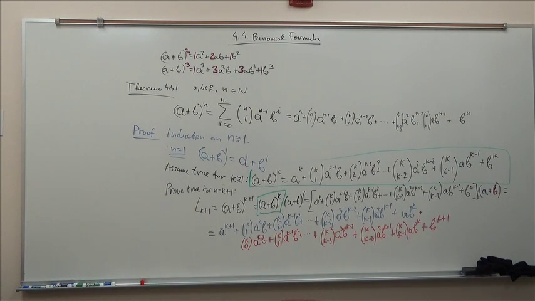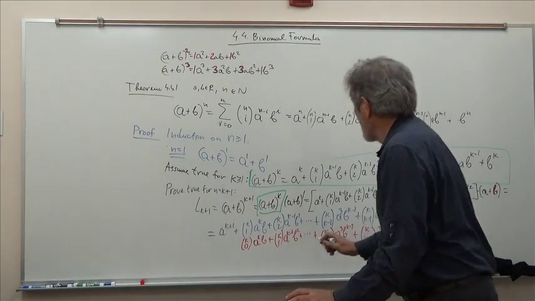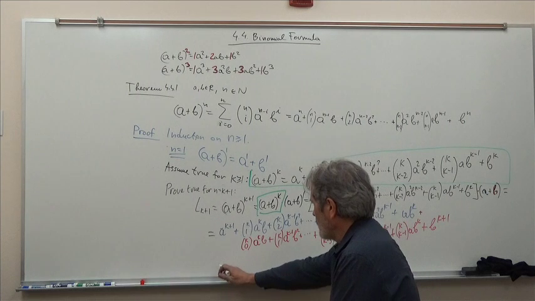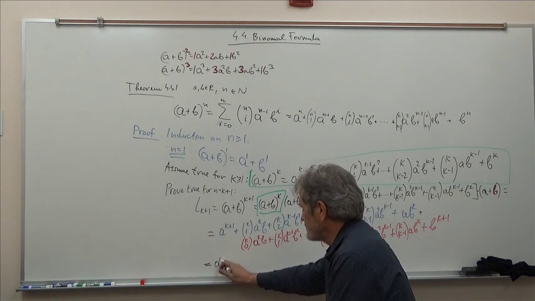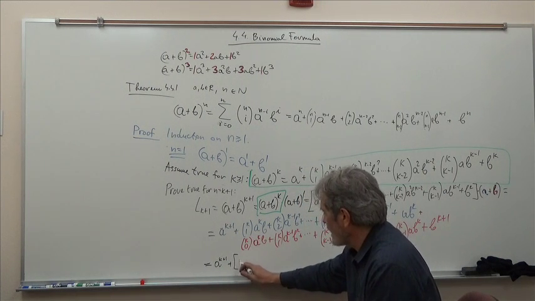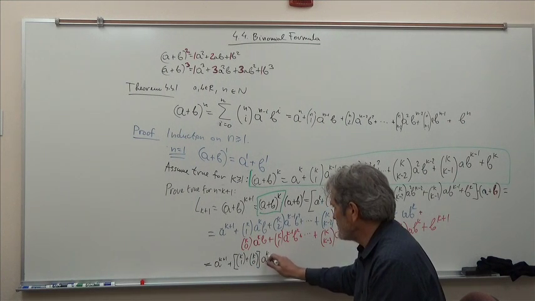We're almost done. Looks very unpleasant and complicated, but actually here is what will happen. I'll try to squeeze it in here. I don't know if I can. What would that be? This is a to the k plus 1. Plus. These two are alike, so I'll factor out the common factor. It's k choose 1 plus k choose 0, a to the k b.